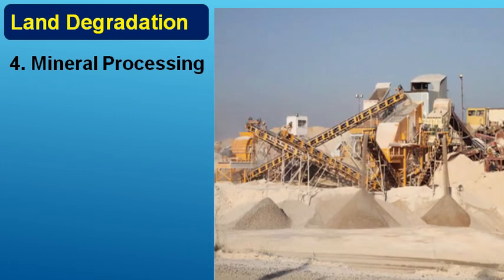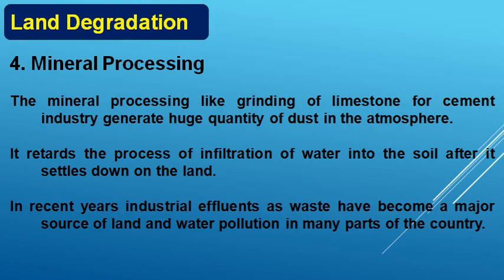Some more examples are, one is grinding of limestone, that is for the cement industry. Then it is calcite and even soapstone for ceramic industries. They generate a huge quantity of dust in the atmosphere.